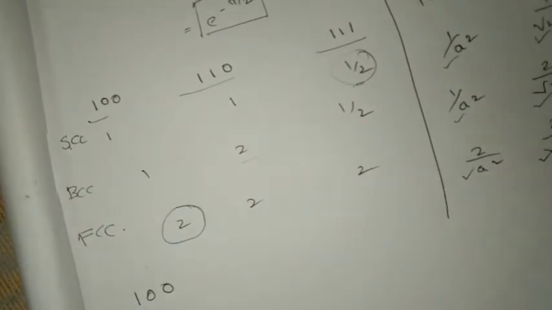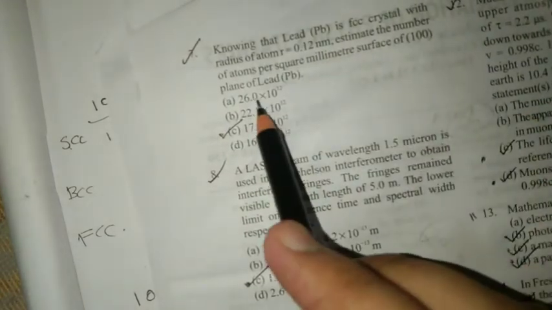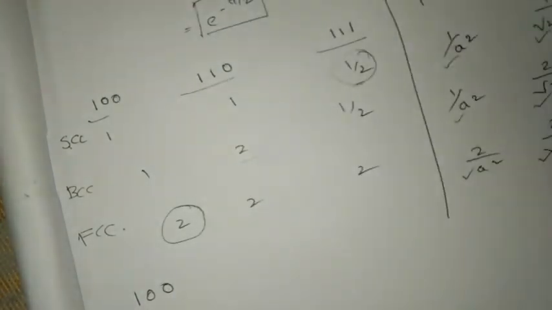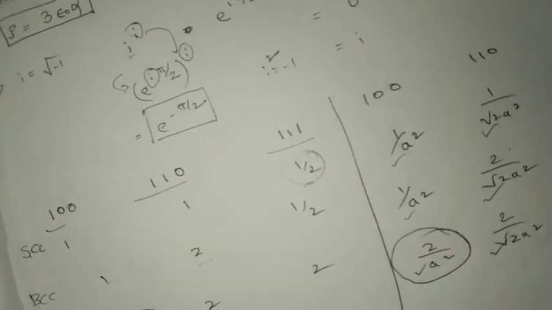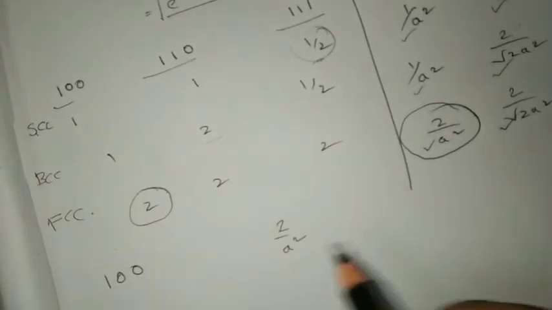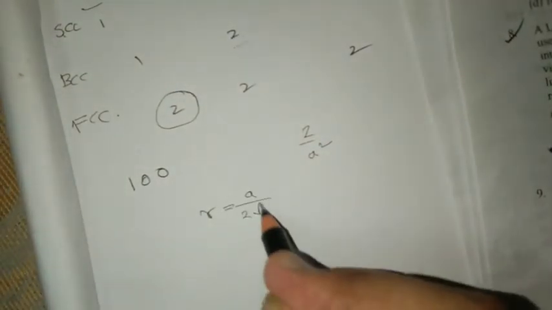And we need to find the number of atoms per square millimeter. So you can see this number of atoms per unit area is given by this. Just apply the formula. I am not calculating it here. You need a calculator to do this. First apply the formula of R, for FCC it's a upon 2 root 2.